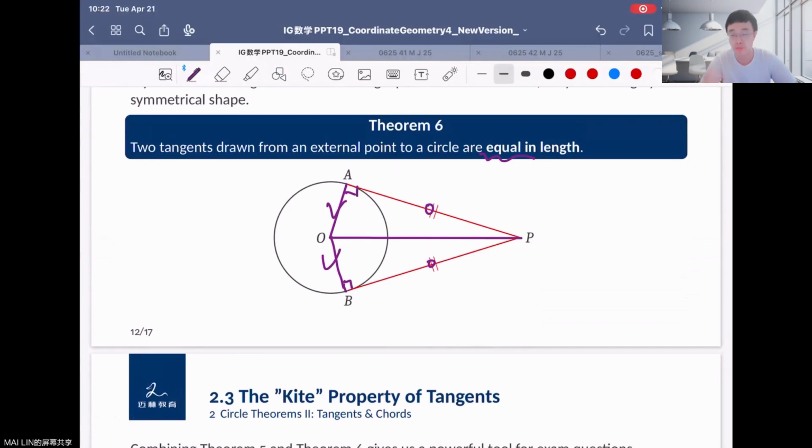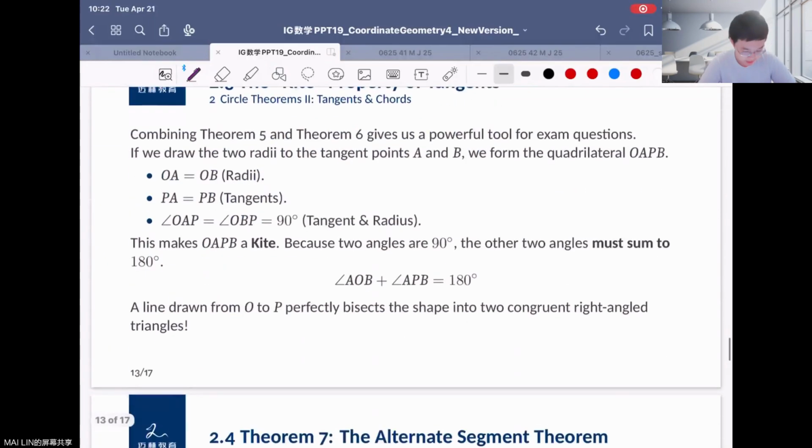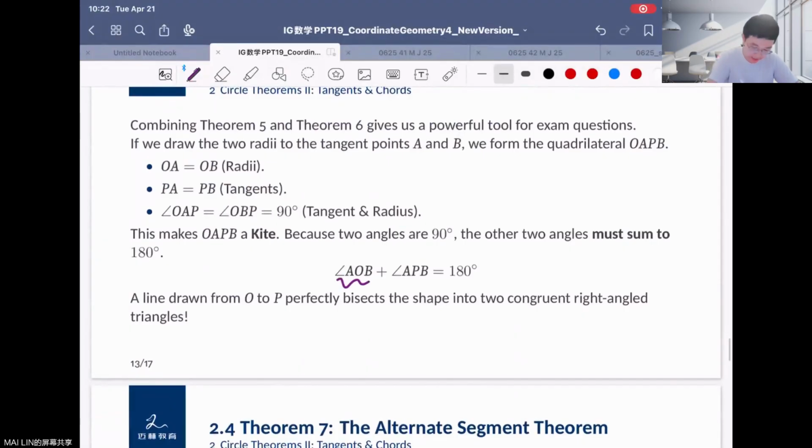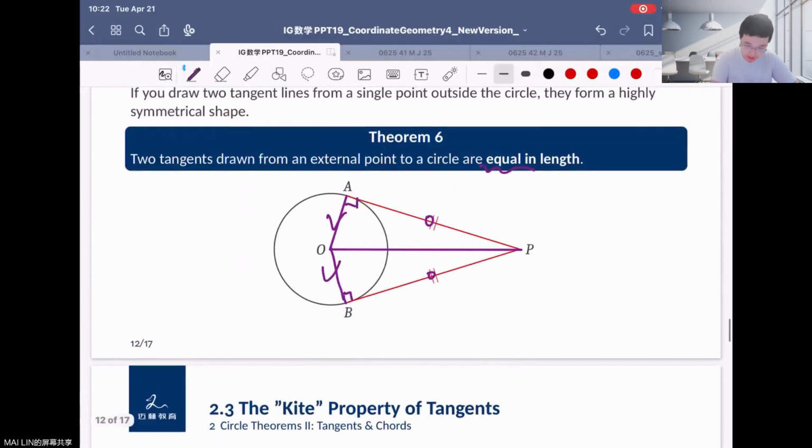That is the tangent property. And also we have the kite shape PAOB, so angle AOB plus angle APB equals 180 degrees. This angle AOB added with this angle APB, their sum equals 180 degrees. That is for this theorem.